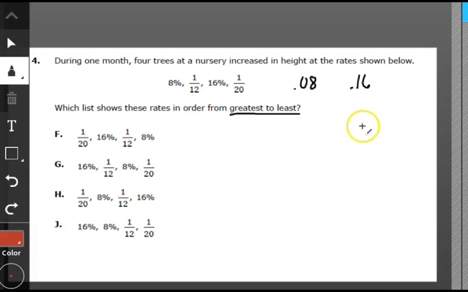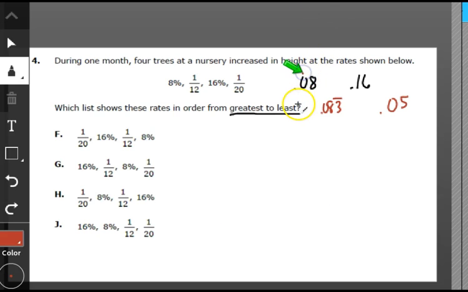So from the other screen, I'm transferring over the 0.083 repeating and the 0.05. Now we want the greatest to the least. And so I am looking for the decimal place in that first decimal place that has the highest number.